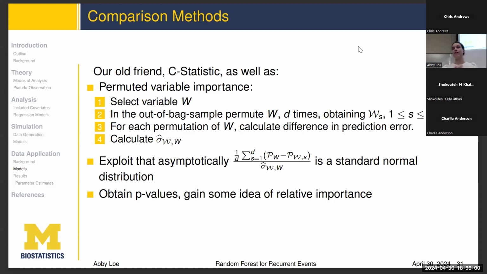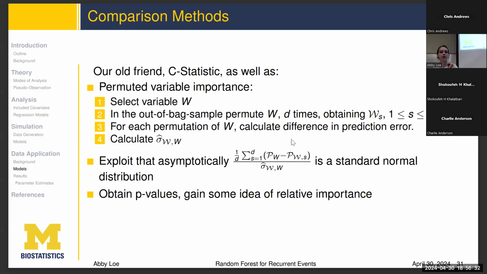For every single variable in your random forest, you're going to select your variable W. In the out-of-bag samples, the sample that is completely independent of the sample you use to train your tree, you're going to permute your variable. This is going to break your variable's association with your outcome. You're going to get a bunch of different permutation distributions of your variable. This permuted variable is denoted W*.